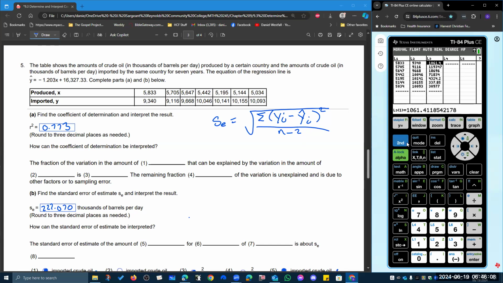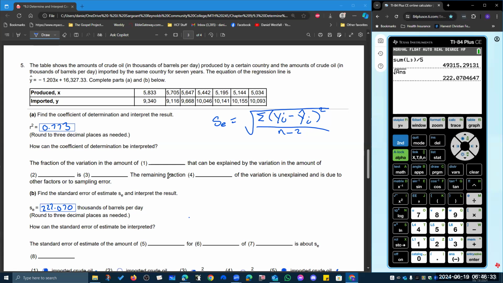I'm going to come out here and I'm going to take the sum of what's in L3 and I'm going to divide it by 7 minus 2, which is 5. And then I'm going to take the square root of that answer.